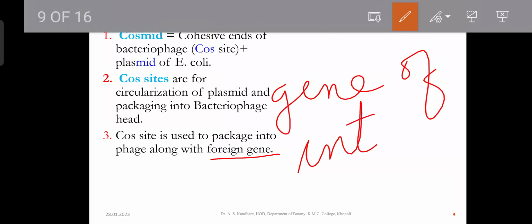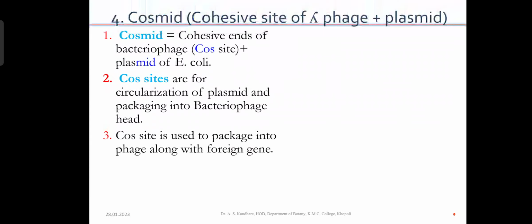So this word you have to remember: gene of interest. We are using these words synonymously. So here is the use of this cos site. It has a polylinker, that is a multiple cloning site.